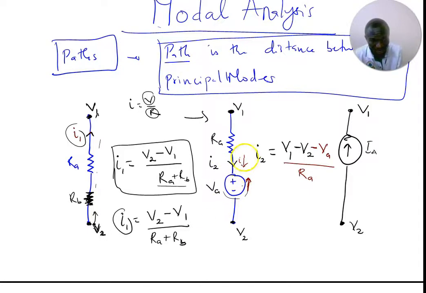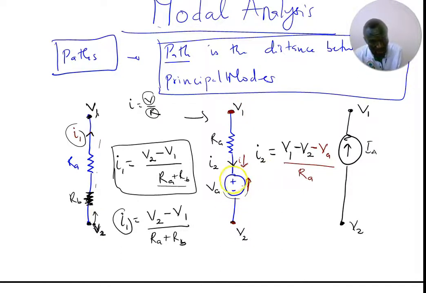So this one is opposing it. This is the main idea: I'll find the ratio of the voltage to the resistance. When you are starting, it's going to be what? The I2 is starting from V1. So give me V1 minus V2.